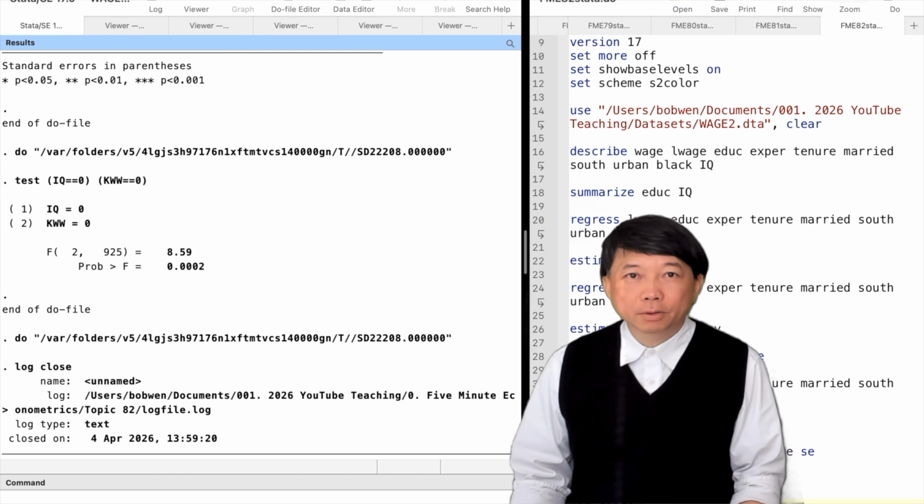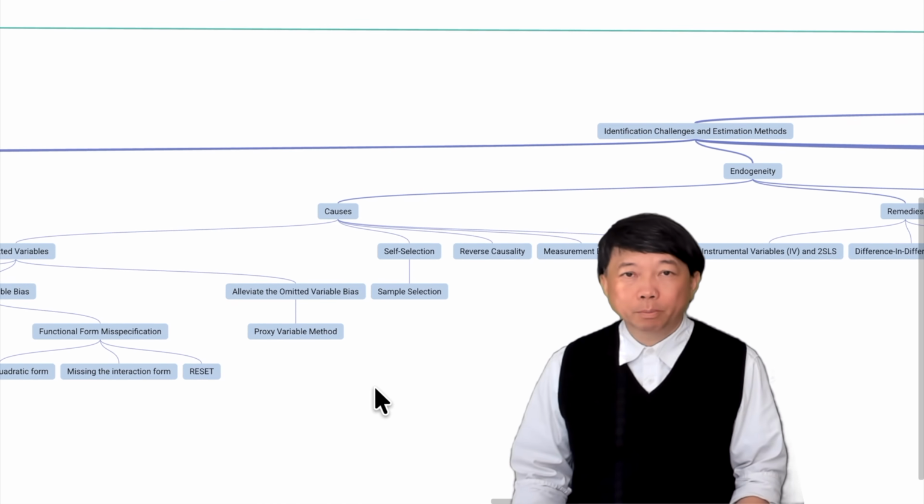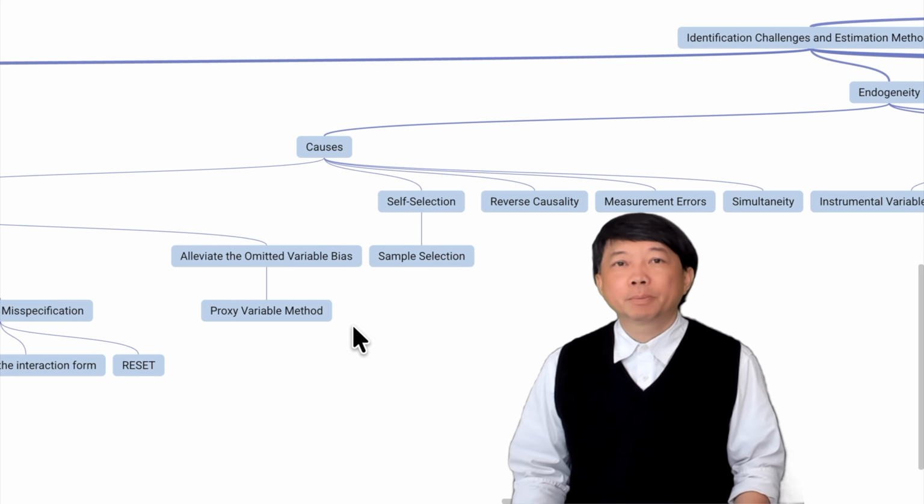Today, we discussed the proxy variable method to alleviate the omitted variable problem. The proxy variable is a variable that we can collect data on, and it is correlated with the omitted variable. We plug the proxy variable in the place of the omitted variable and use the proxy variable to account for the variation in the omitted variable.